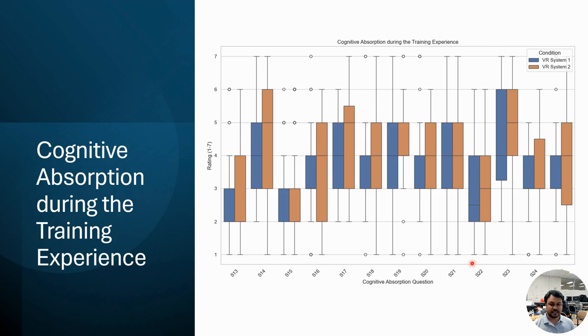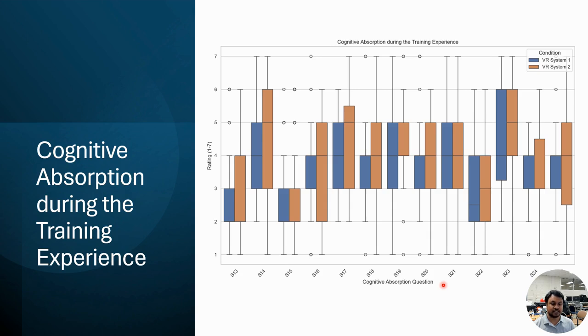Firstly, let's look at the general enjoyment and absorption questions. Those are similar kinds of questions, like S16, felt absorbed into the training, S18, had fun, S19, very enjoyable, and S20, enjoyed the experience.